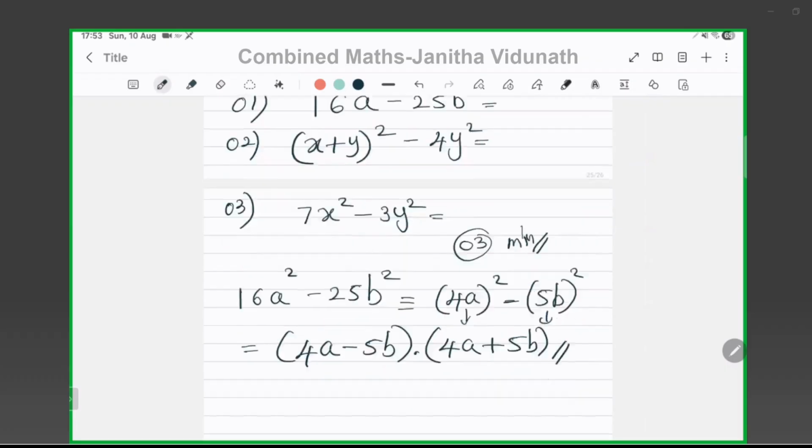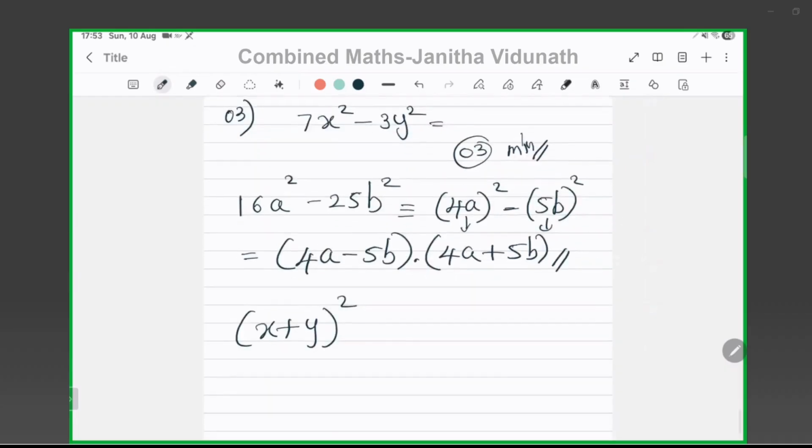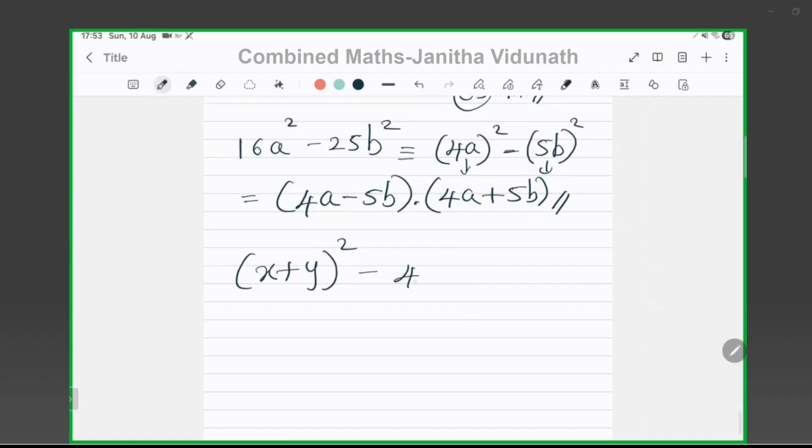The second question is x plus y whole square minus 4y square. Here inside the whole square we have x plus y. Inside the second term we have 2y whole square.